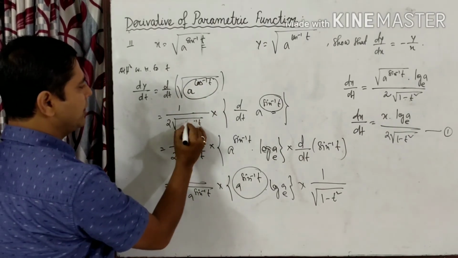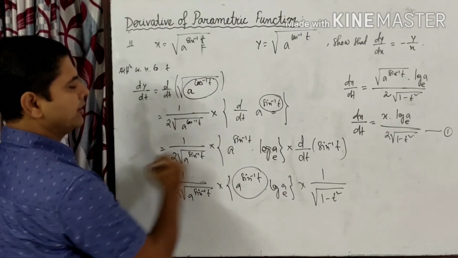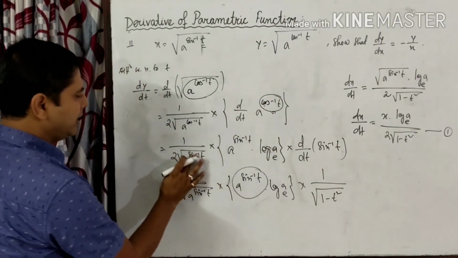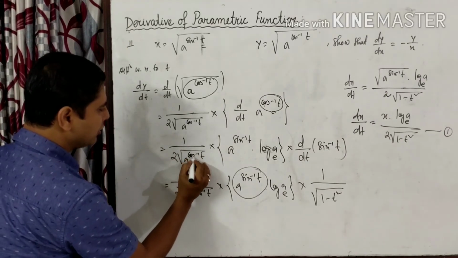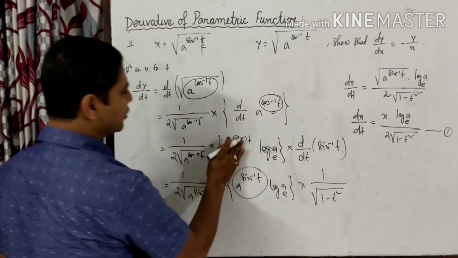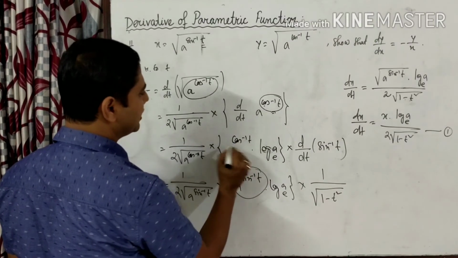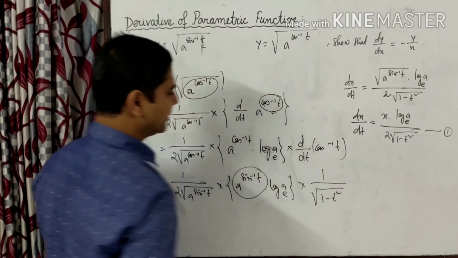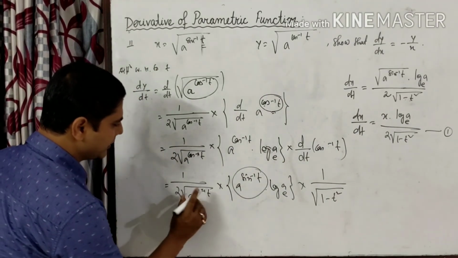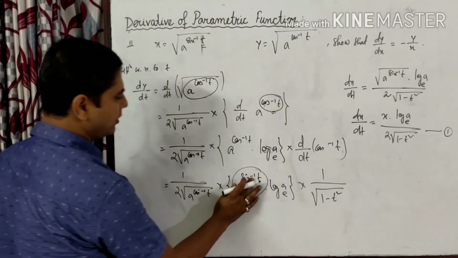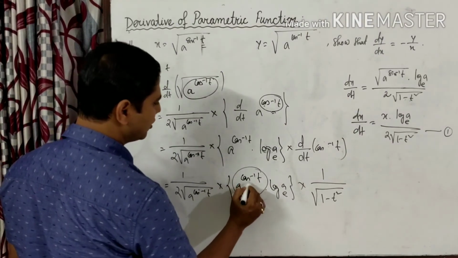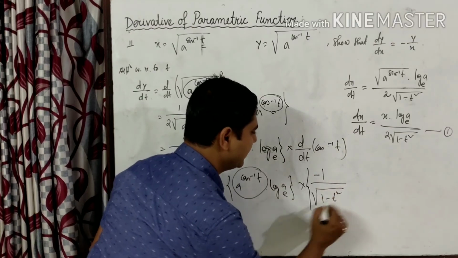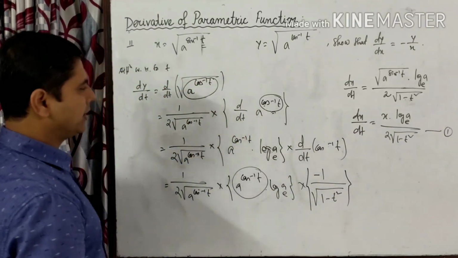Similarly this part becomes cos inverse of t, and this one also cos inverse of t. Similarly in this part cos inverse comes, d/dt of cos inverse of t, here a minus sign comes, minus of 1 by root over 1 minus t square.